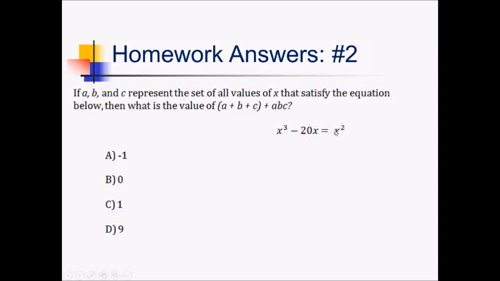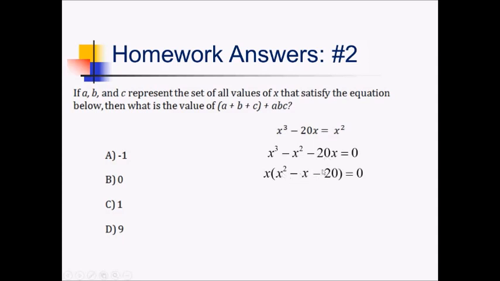So let me subtract this x squared over to the left side to get x cubed minus x squared minus 20x equals 0. And I see these all have a variable, an x, so let me start by factoring that out. That leaves me with x squared minus 1x minus 20 equals 0. I can factor the quadratic here.